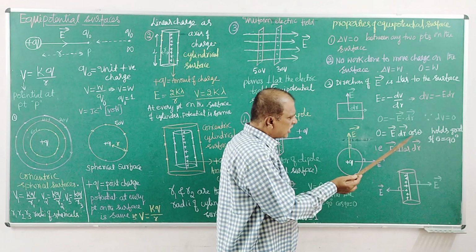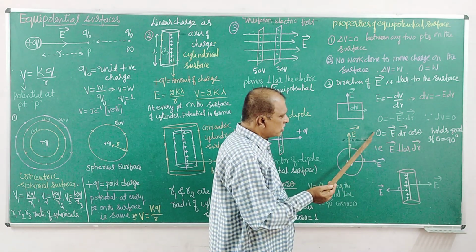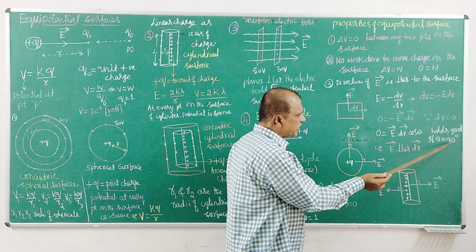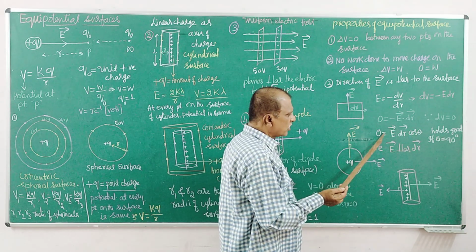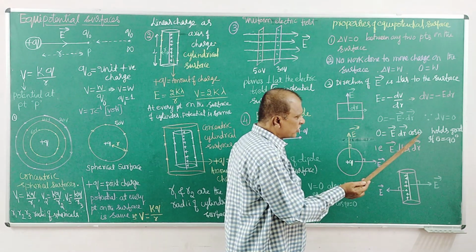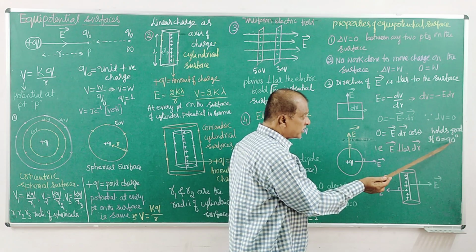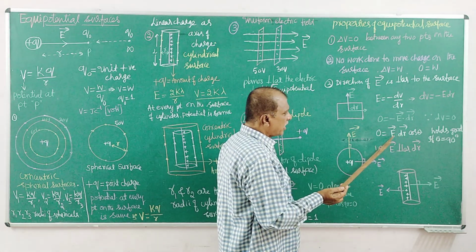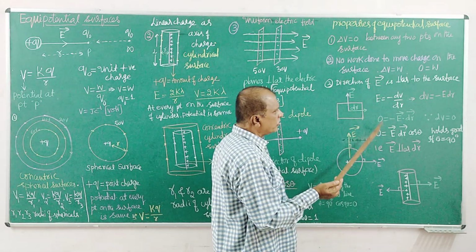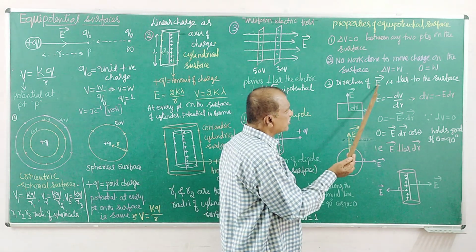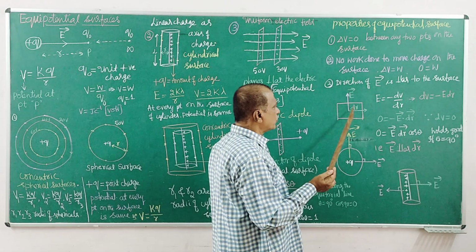For this equation to be 0, theta must be 90 degrees, since cos 90 is 0. The angle between this direction and this direction is 90 degrees. This is how we can prove that the angle between this and this is 90 degrees.